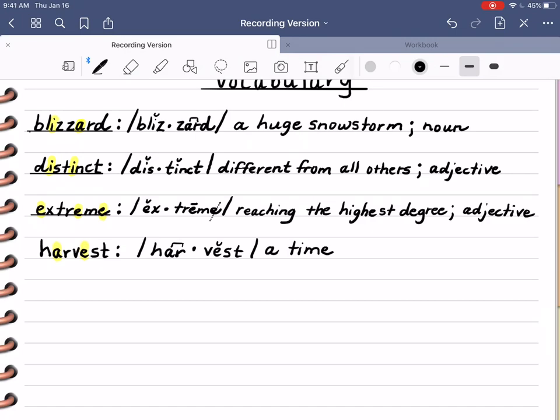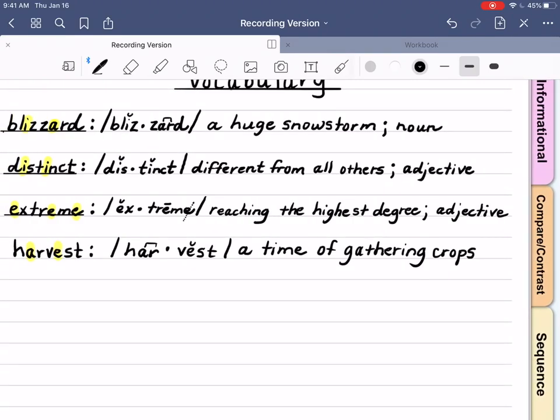So right there, this is a thing. This is going to be a noun. A time of gathering crops is a harvest. And this is a noun. It's a thing, a time. Vocabulary word, harvest.